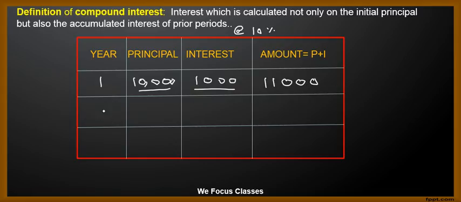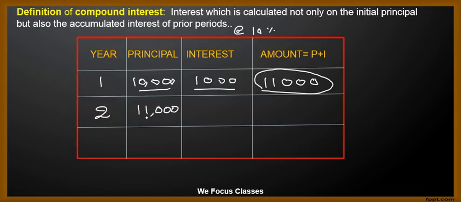Now for the second year, what happens? We can't consider this as a principal amount in compound interest. In compound, you have to add interest every year to the previous principal. Here, first year's amount will act as the second year's principal.